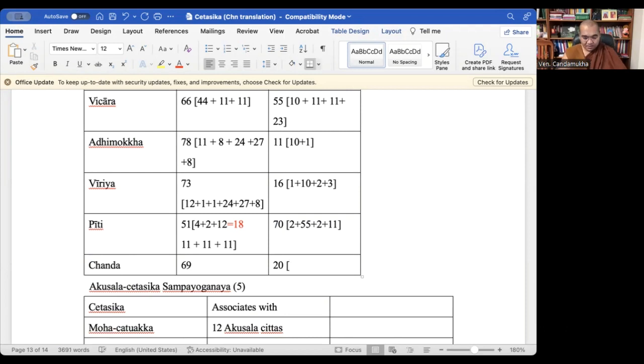So 18 Ahetuka and 2 Moha Mula Citta do not associate with the Chanda. Chanda does not associate with these Citta.